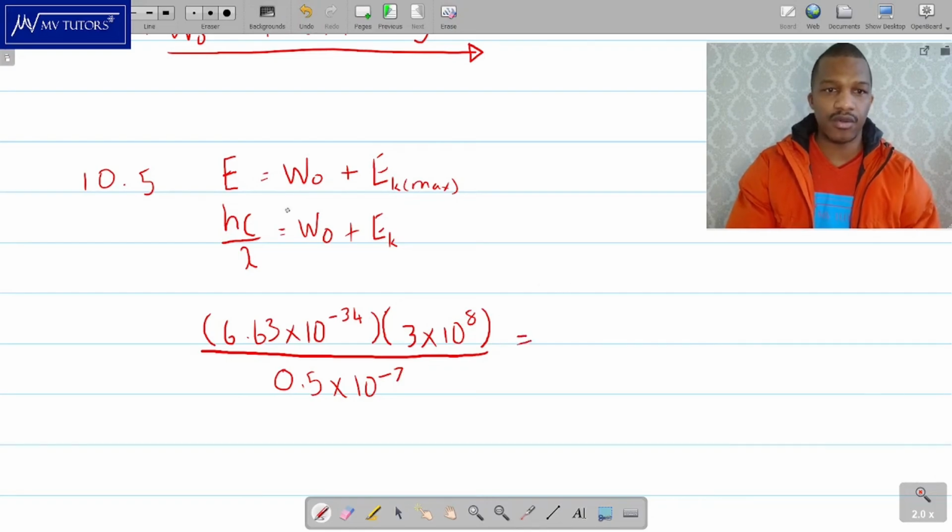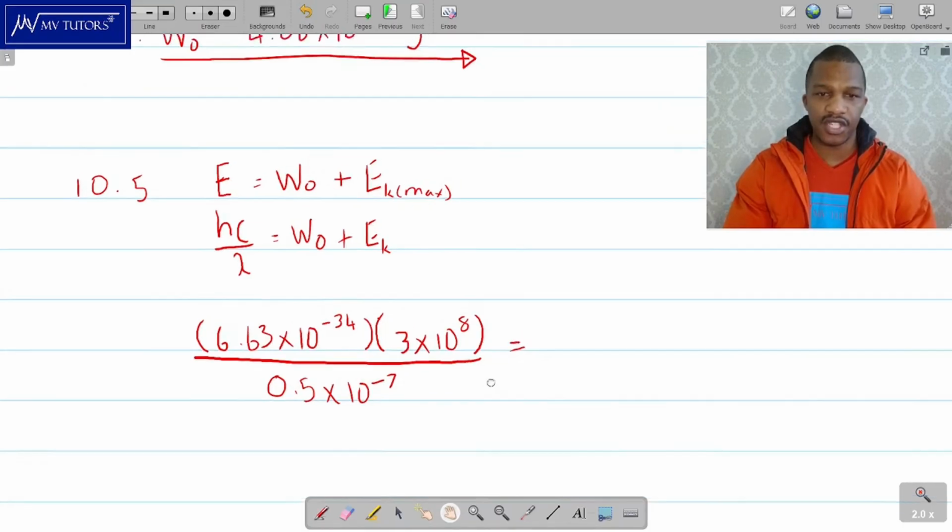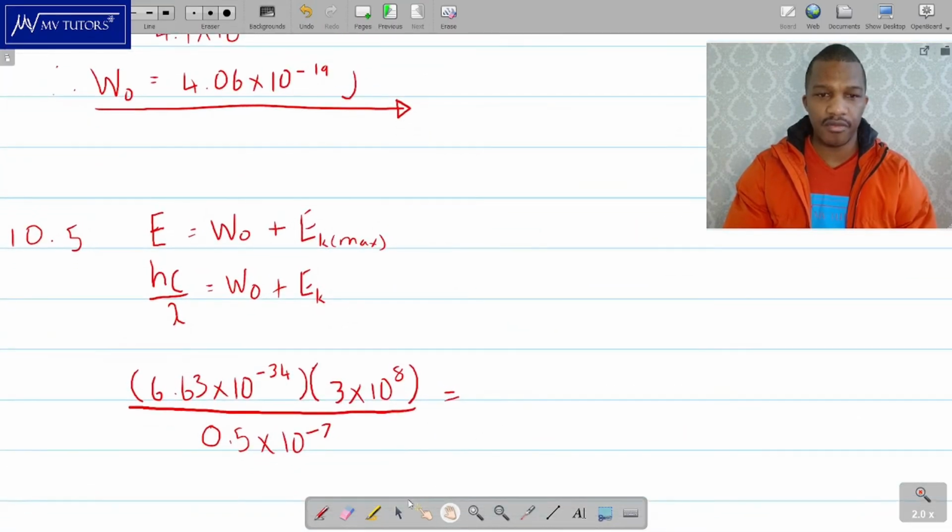It's gonna be equals to the work function. Work function doesn't change, it's always the same. It's the one that we just solved, and it's going to be 4.06 times 10 to the power negative 19, and then plus EK.